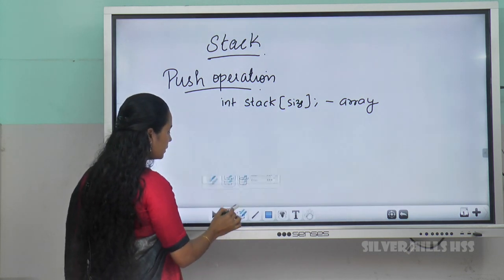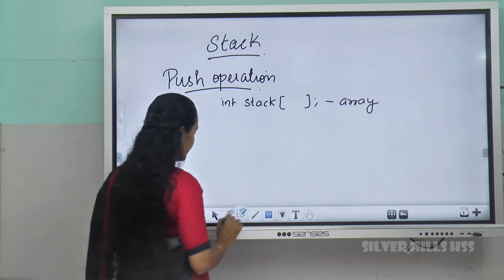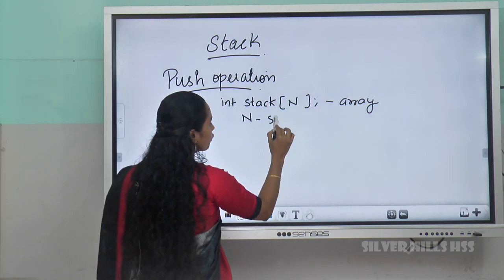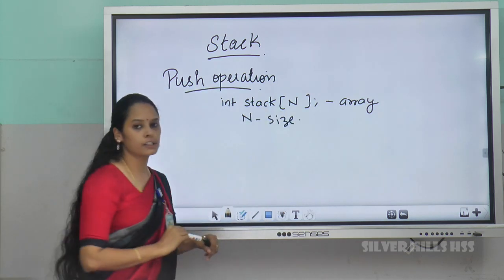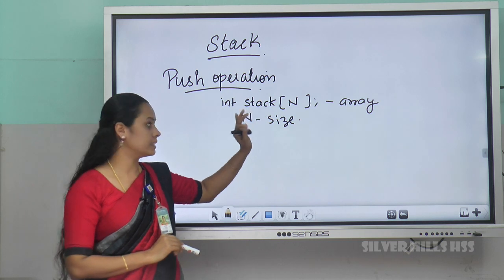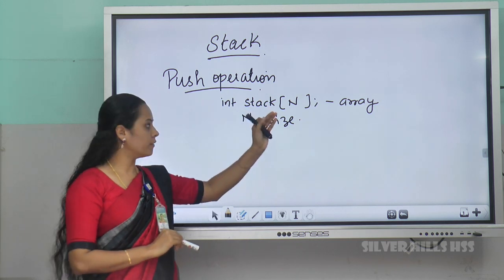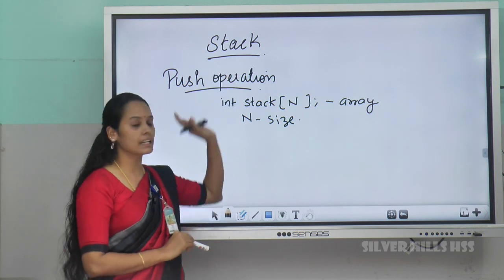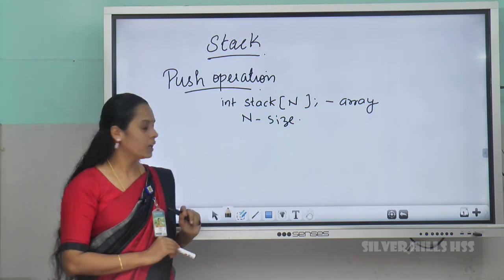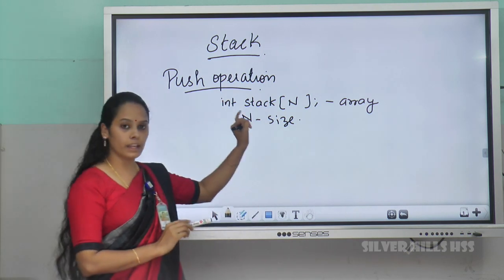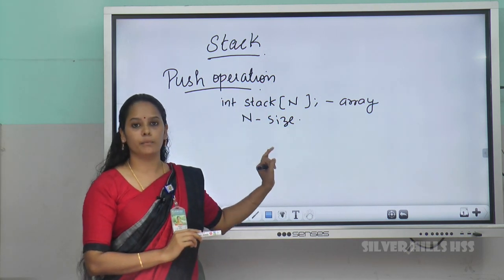Just imagine I am giving the size as n. N is the size, then n means the size of the stack. We have to specify a size there, and so that size is static. That memory will be allocated before running the program itself, and we can say that stack is a static data structure.